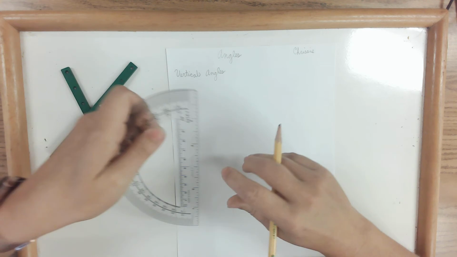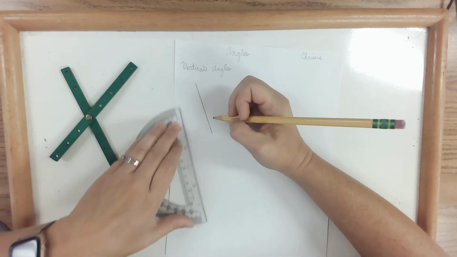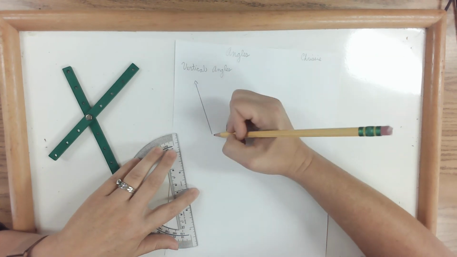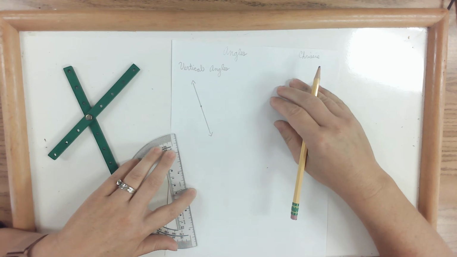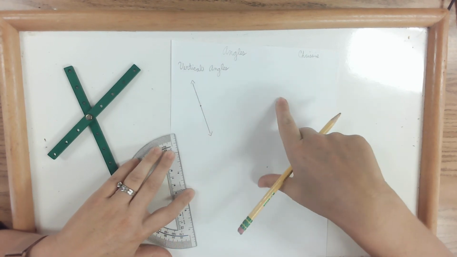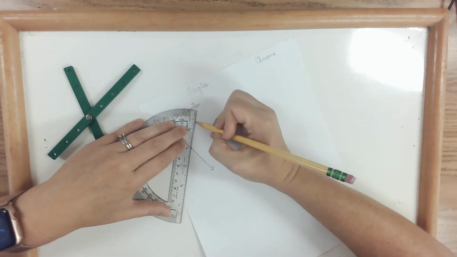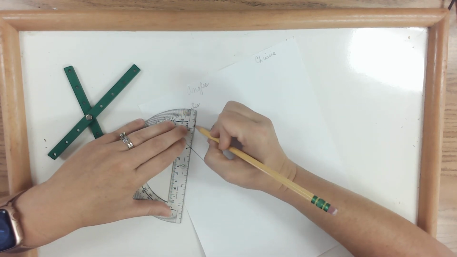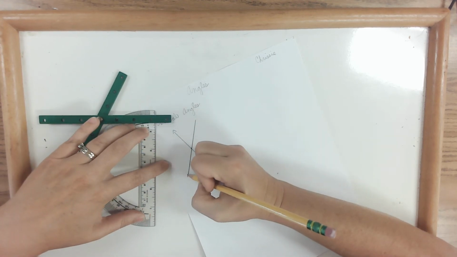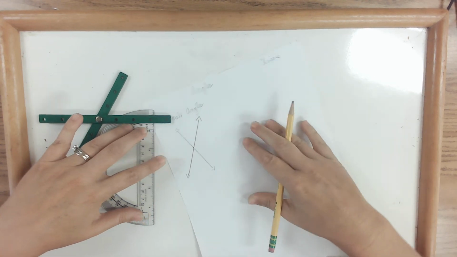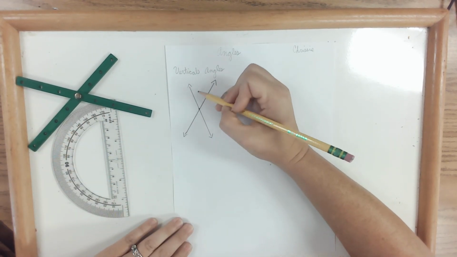I just need to draw any two lines that I like. Lines have arrows on the end to show that they go on forever. I put in my vertex, the middle, or a point, and now I just draw a second one, however I like, with a straight edge. That's about as even as I can make it. Put my arrows in there. Now I want to label my four angles.